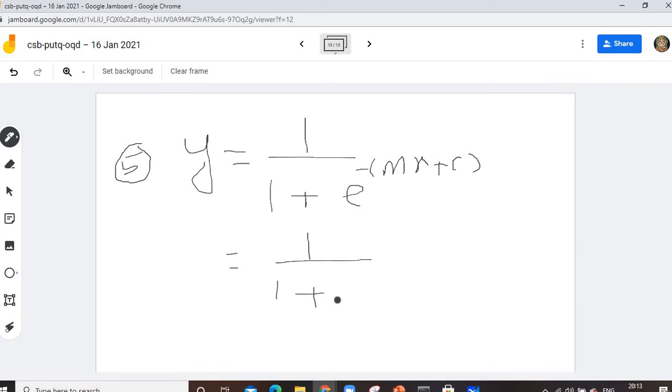For this calculation I need the m value, the best m value and best c value, calculated on the basis of loss. I will apply the log loss. I will see where my loss is minimized, and at that point, what my m value and c value are.